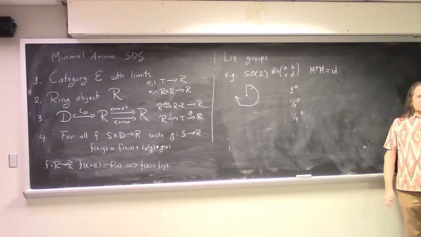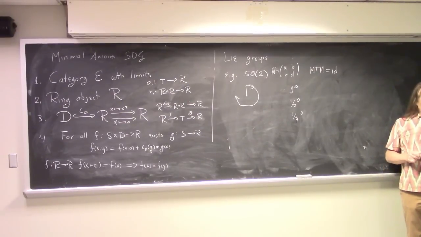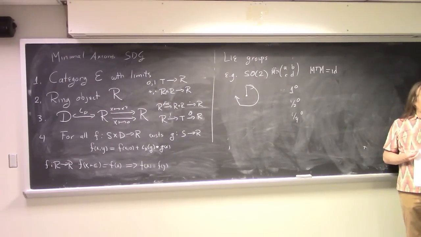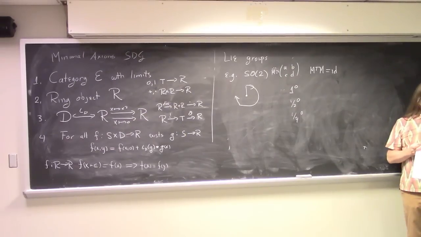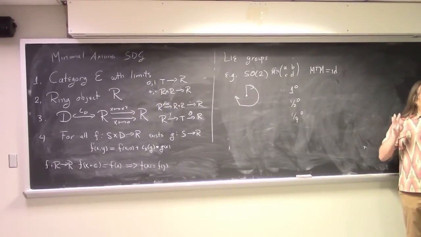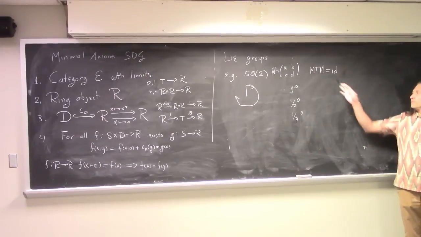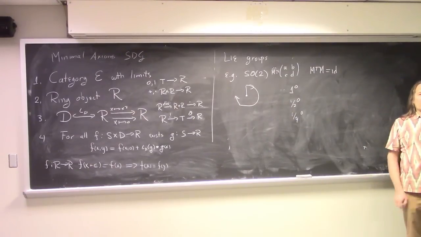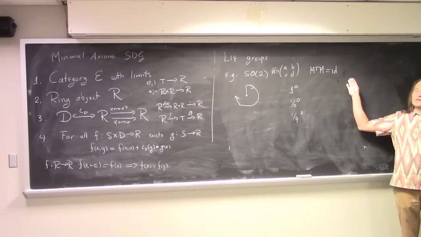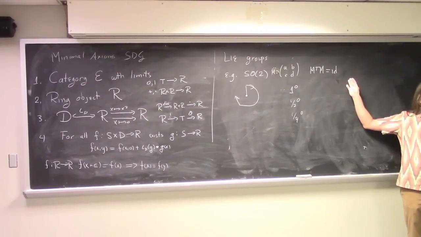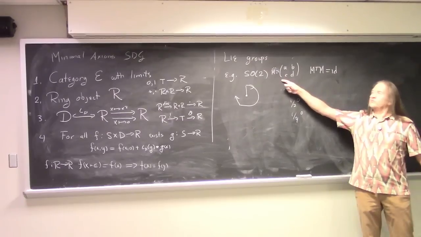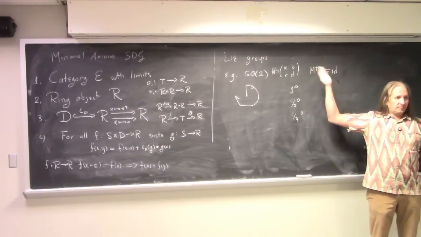All right. So what Koch is going to do is say, well, let me assume that I have a group, and that group happens to be living inside an algebra. Because if I take all matrices, that's an algebra.